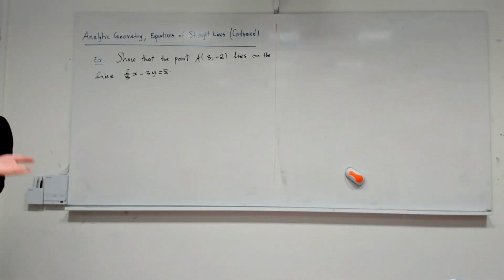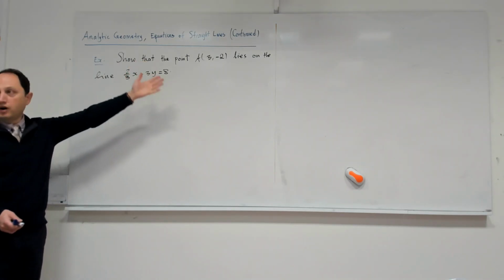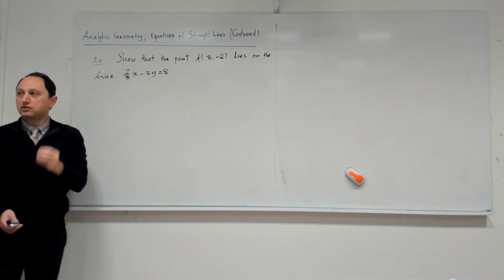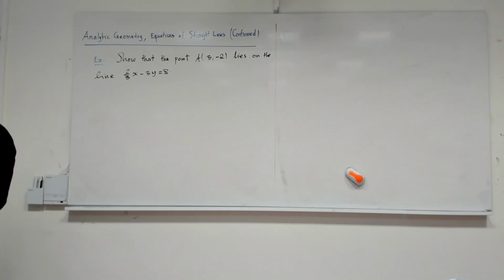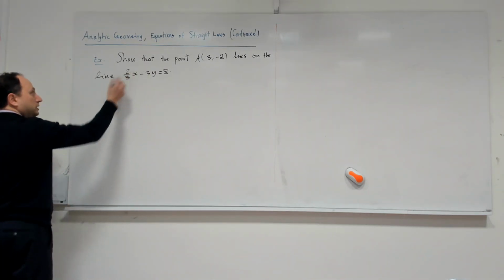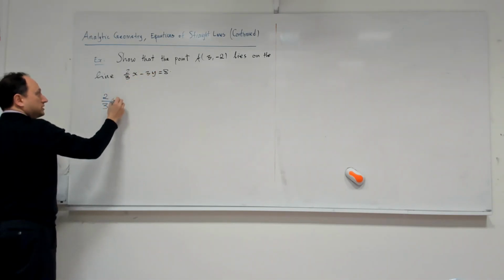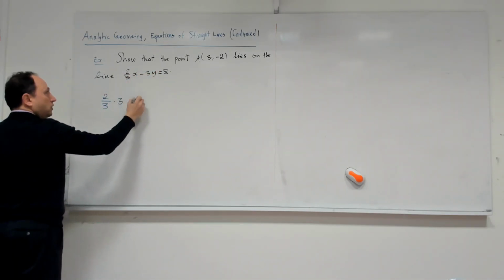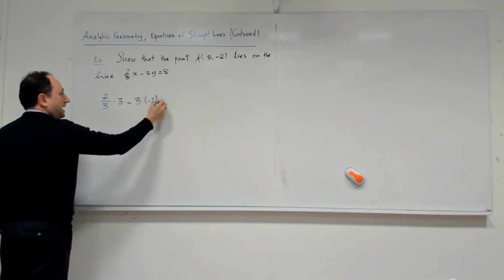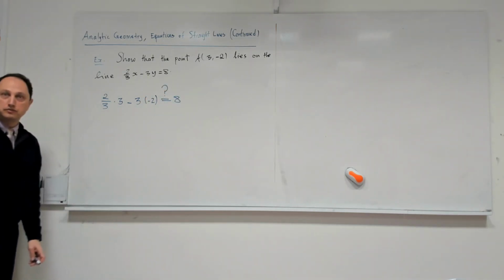Exactly, that is the only thing. If I replace x with x and y with y, this equality should be a true equality. If that is the case, that is the end of the problem. It's confirmed. Otherwise, it is not. So I replace x with the x coordinate, I replace y with the y coordinate and ask myself, is it true that this becomes 8 or not?